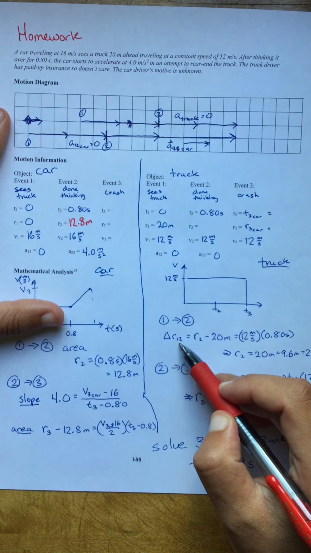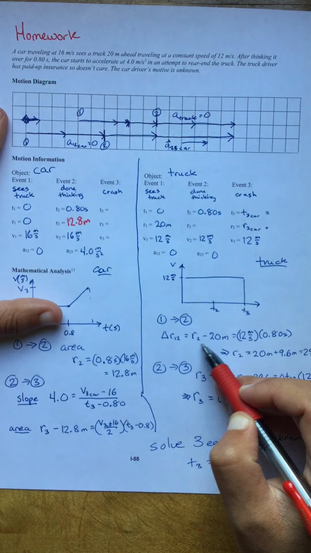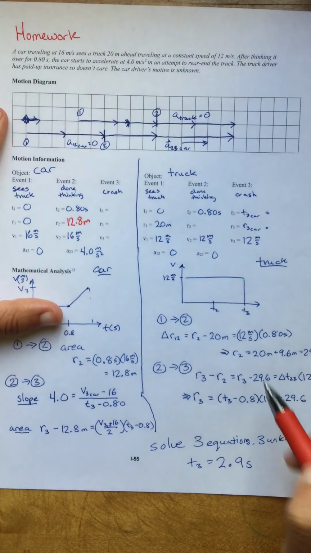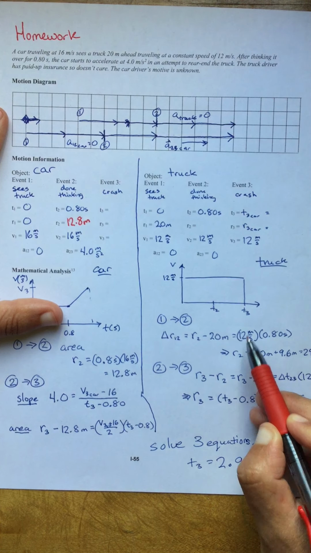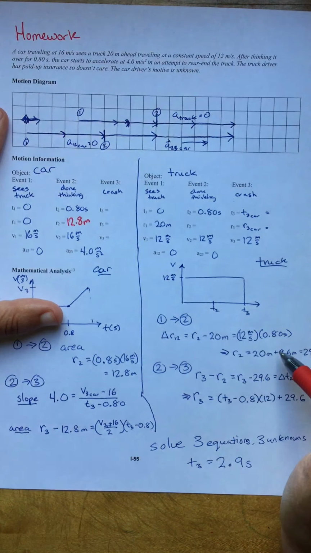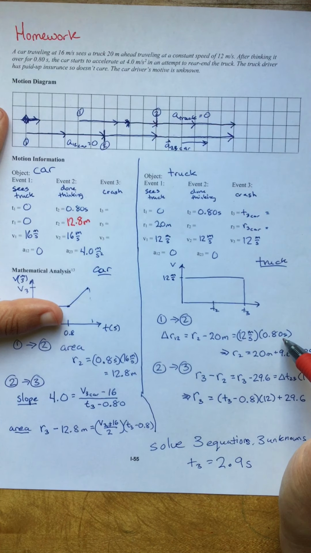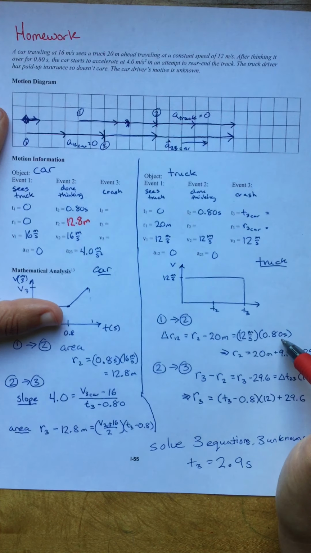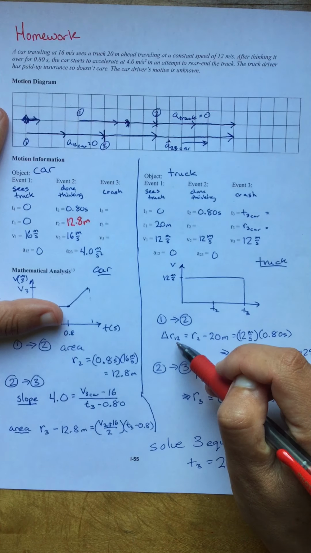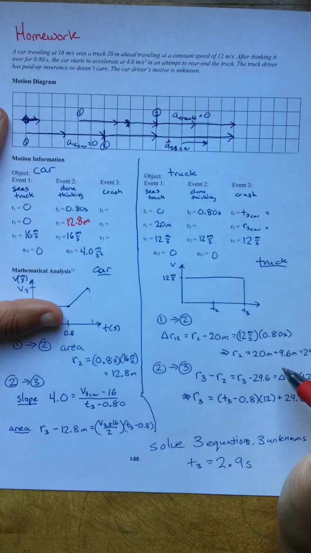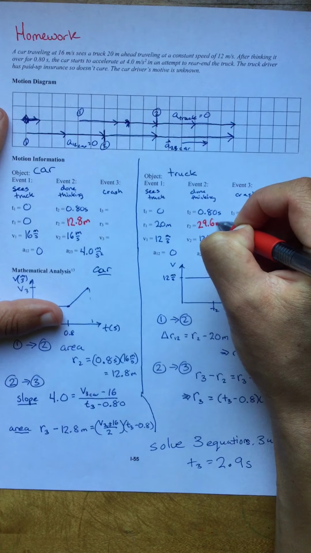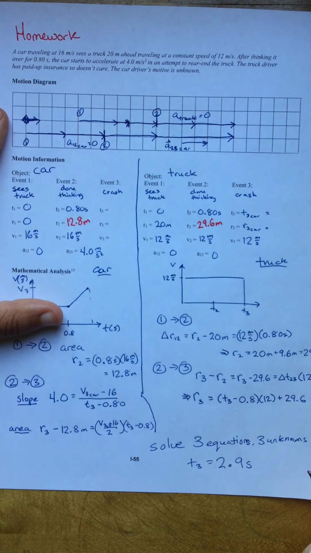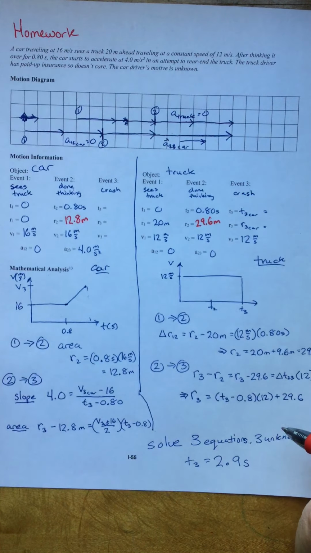The area is delta R12, that's R2 minus 20 meters. And so the area is 12, the height, times T2, which is 0.8. That gives me 9.6. So the area underneath the curve is 9.6 meters, but that's R12 for the truck. So R2 is 9.6 plus 20. That is 29.6 meters.